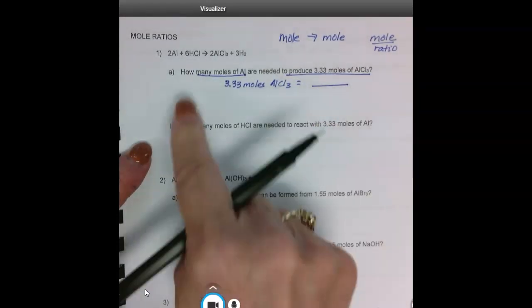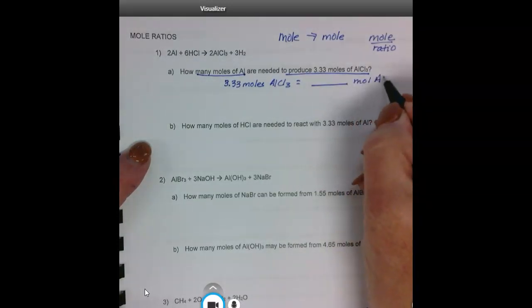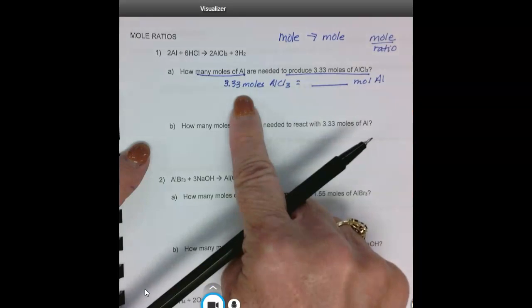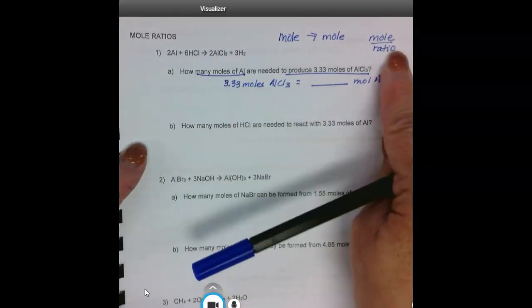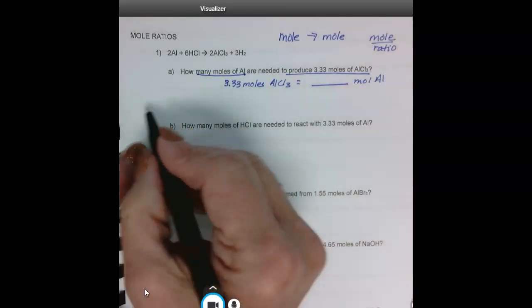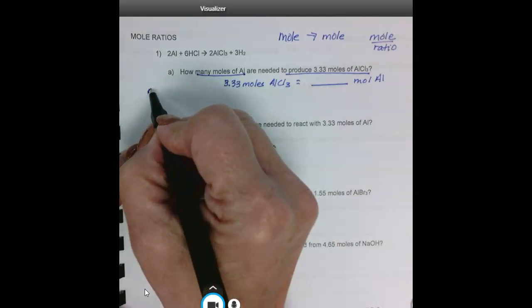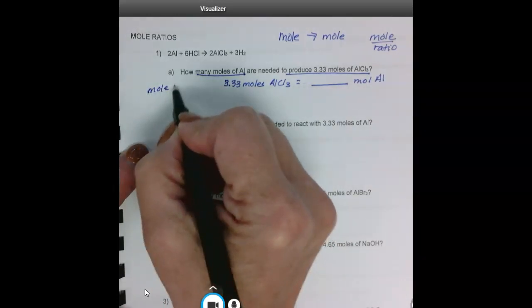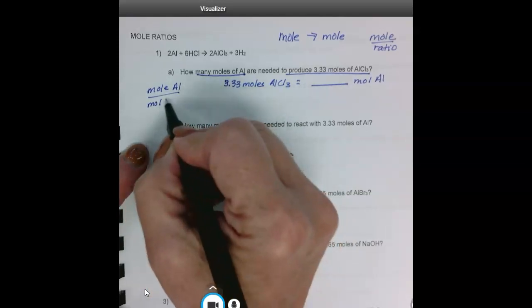And so what they're asking is how many moles of aluminum do I need to produce this many moles of aluminum chloride? So the mole ratio that I am going to be looking at here will be the moles of aluminum and the moles of aluminum chloride.